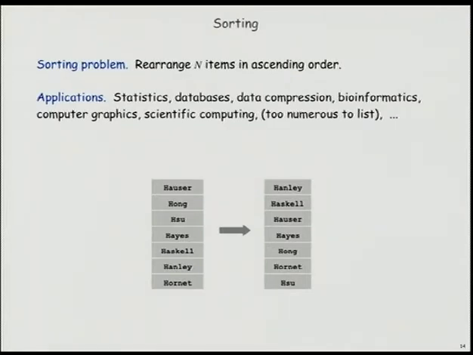The applications are numerous. We cannot list them in this presentation, there are just too many of them, but some of them are listed over there. In statistics, they are used quite often. In databases, it's a common thing. Think of myself as a lecturer here at the university: when I get the class list for this class, I don't get it in some arbitrary order.